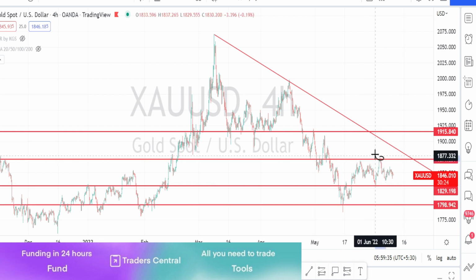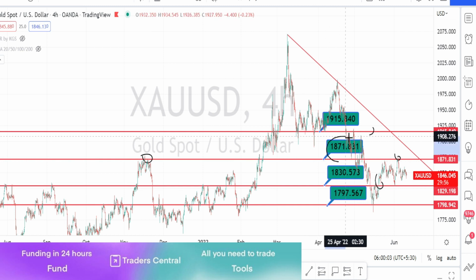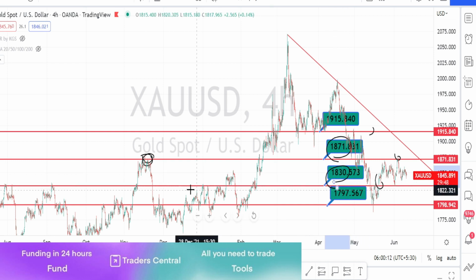So all these resistance levels and the support levels are taken from the past price action. This level of 1871 had acted as a very strong resistance level, and when we notice the level of 1830, this level also had acted as a very strong resistance and support level in the past price action.